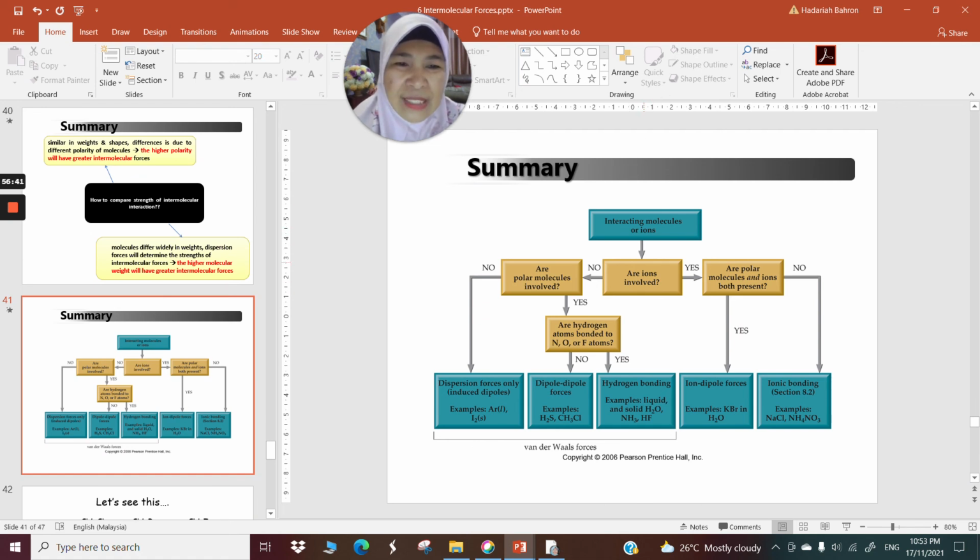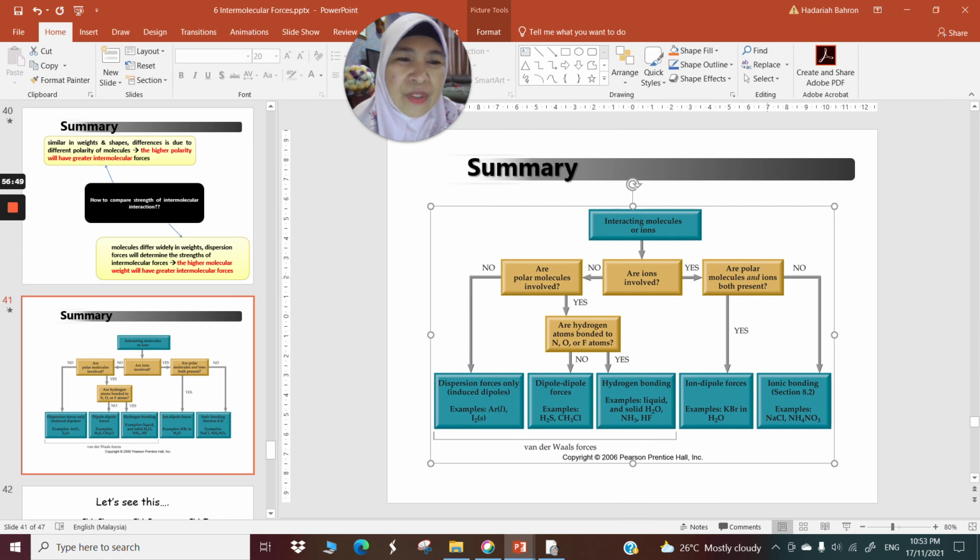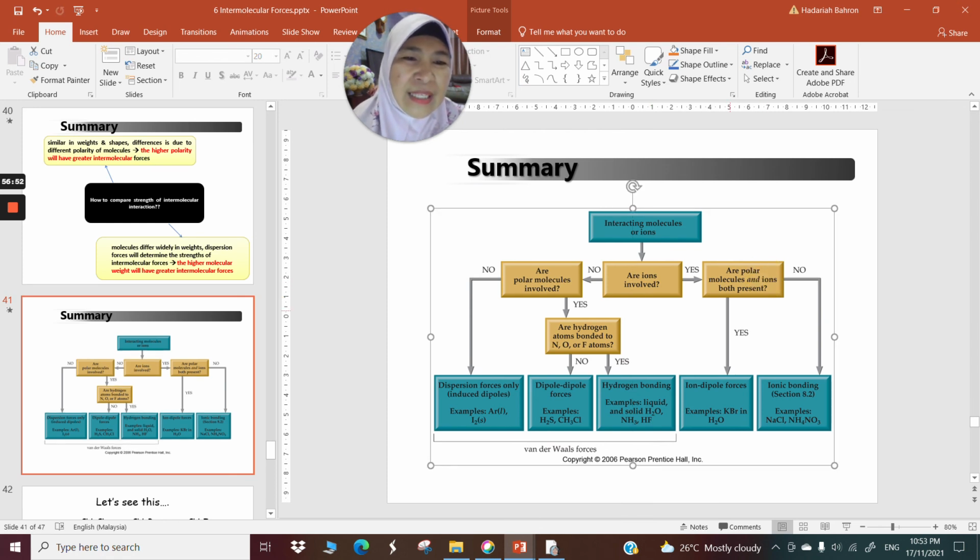So again, if you go through this slide, between interacting molecules and ions, first you ask, are there ions involved? If there are ions involved, you ask again, are there any polar molecules and ions present? If there are polar molecules and ions, then you have ion-dipole. If you have ions only, no polar molecule, then you have ionic bonding.